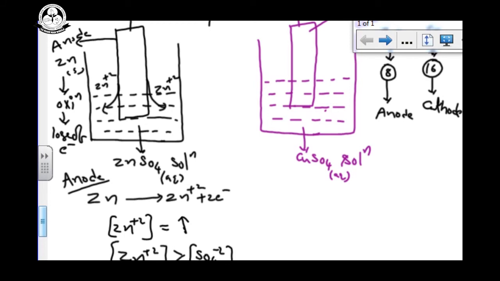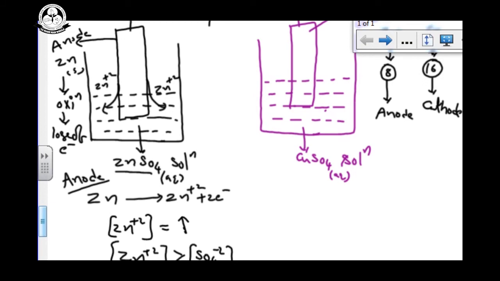Suppose when we start with zinc sulfate solution, there are 10 zinc ions and 10 sulfate ions. After some time, 10 more zinc ions come from the zinc metal. So zinc ion concentration increases and sulfate ion concentration decreases.